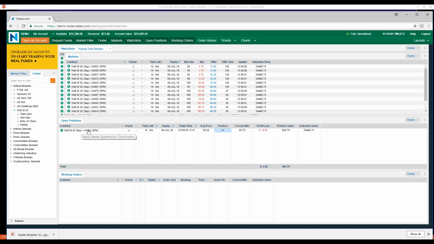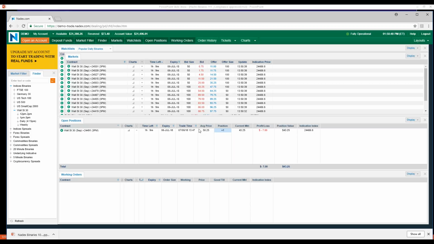So if I bought this contract, I can hold it till expiration. But if I want to exit early, if I bought something and I want to get out of it early, what do you think I have to do to get out of something I bought? Got to sell it, right? What can this contract be sold for right now? The 491 contract can be sold for 43.75. Notice it's this same price right here. The current market is showing you what you can currently sell that particular contract for.